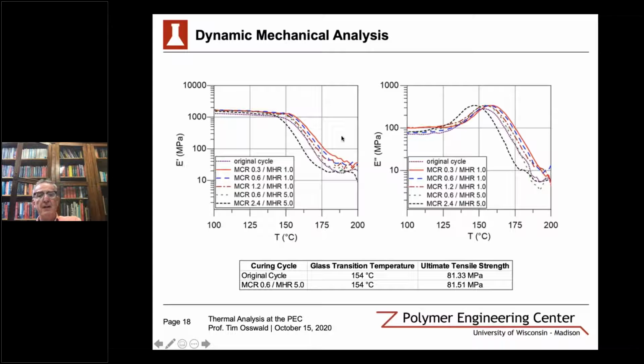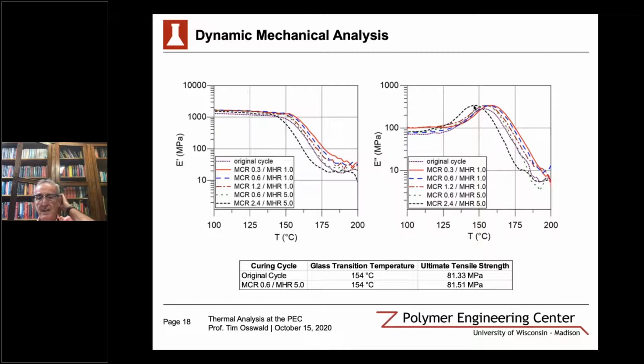But if we also plot the loss modulus, which is the damping in the material, you can see the scales here are a little bit different. They're about a tenth. The peak, the maximum point, is where the glass transition temperature is.